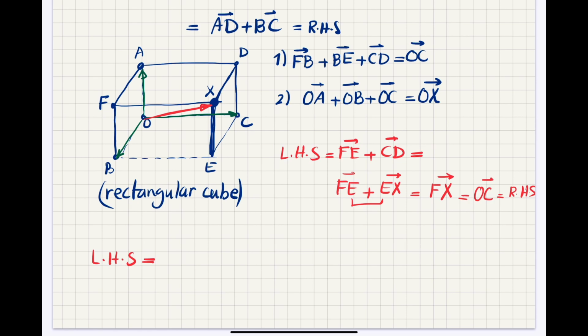Yes, so let me just follow you. So you want to keep OA, but instead of OB, you want to write AF. That I agree with, because OB is this vector, AF is this vector, they are parallel, they are of the same size, pointing to the same direction, yes?